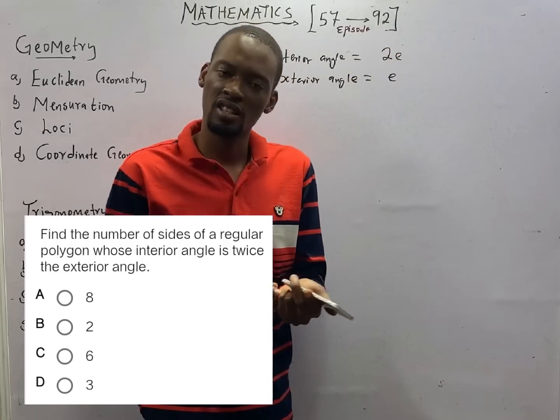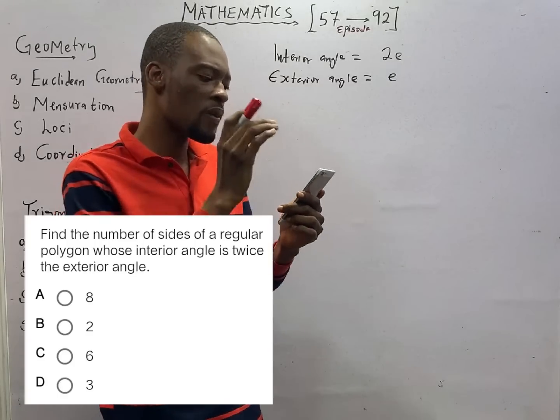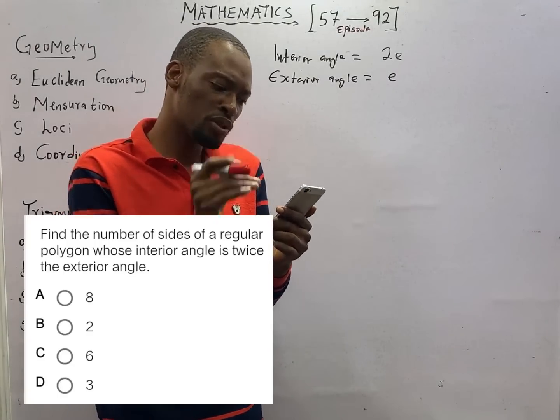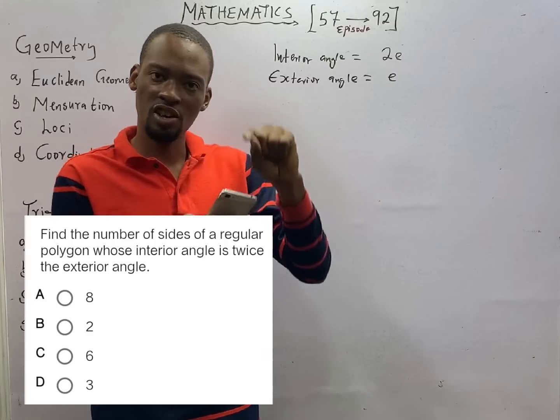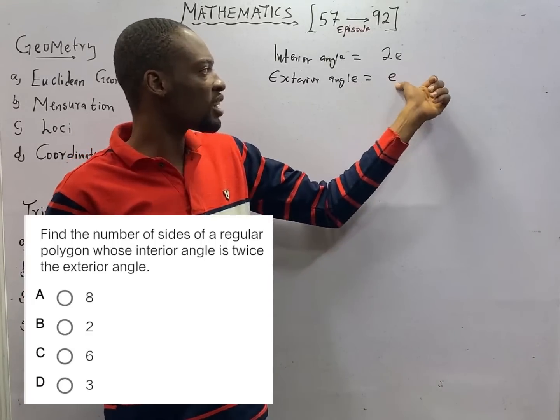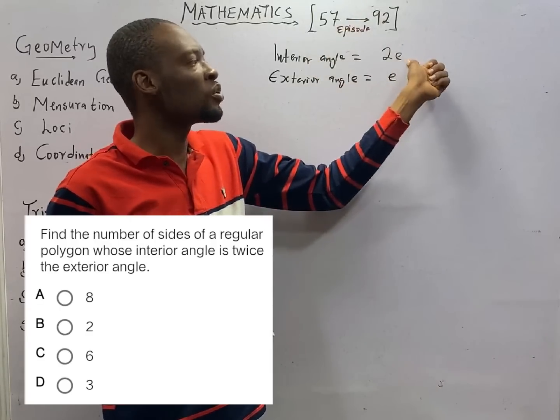It makes sense like this. If we call the exterior angle E, then the interior angle should be 2 times E.